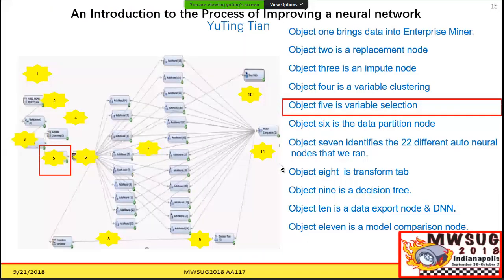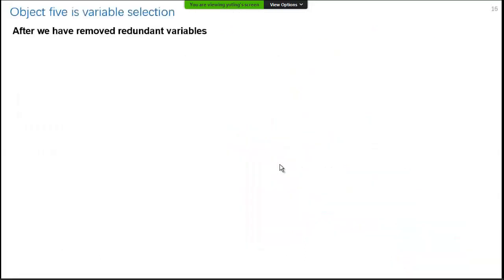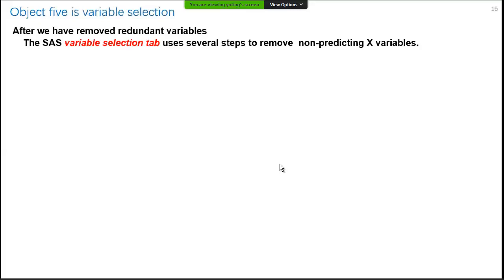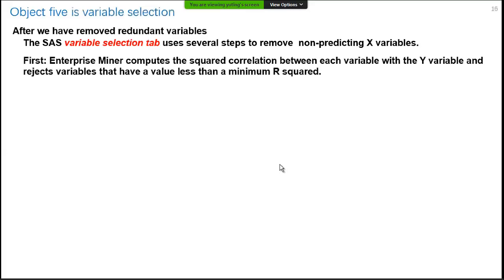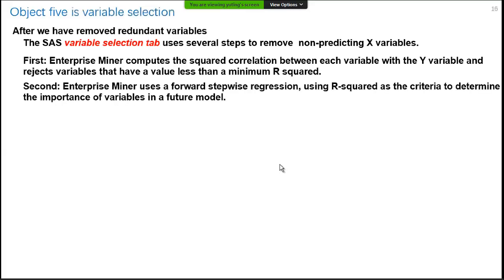Now let's go to the 5th, variable selection. After we have removed redundant variables, the SAS variable selection tab uses several steps to remove non-predicting X variables. First, Enterprise Miner computes the squared correlation between each variable and the Y variable and rejects variables that have a value less than a minimum R squared.